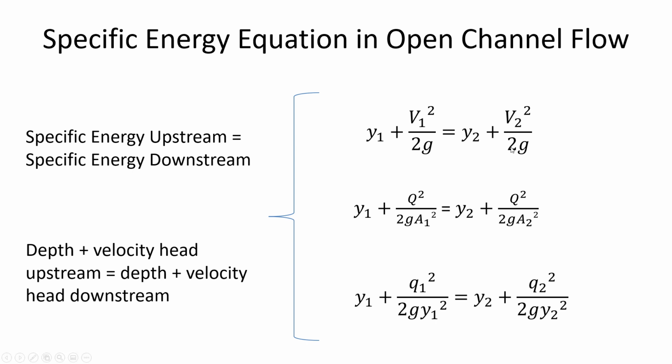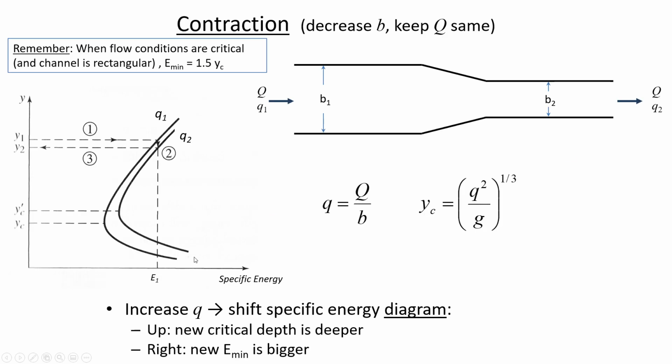Now this is that slide I showed you earlier today where we were reviewing the idea that velocity head can be expressed in terms of velocity or flow rate or flow per unit width, excuse me. And that specific energy is looking at the upstream versus the downstream. So there's no delta Z in these formulas because now we're just talking about a change in the width. So there's no obstruction.